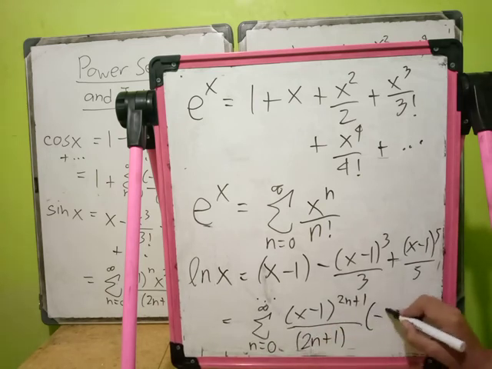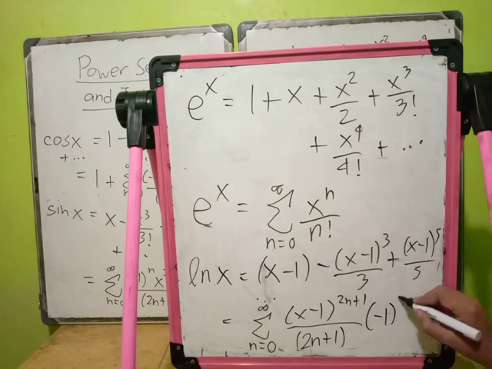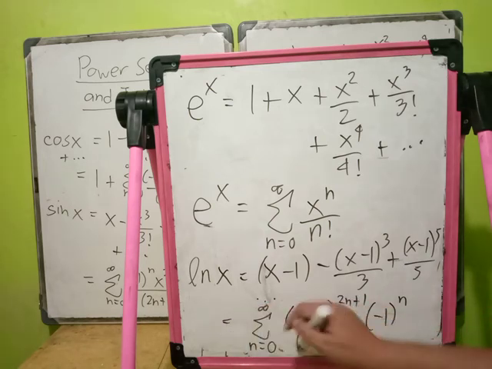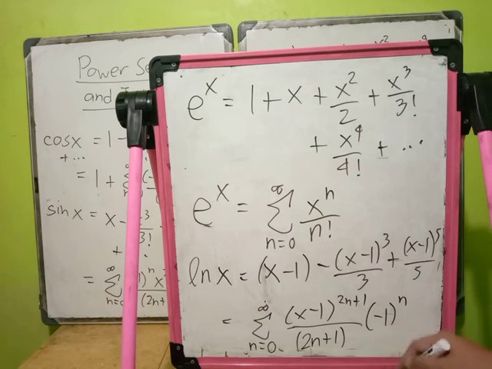Of course, we will multiply it by negative 1 to the power of n. So that's its equivalent. This is the equivalent power series of ln of x. Okay, so I hope you learned something.